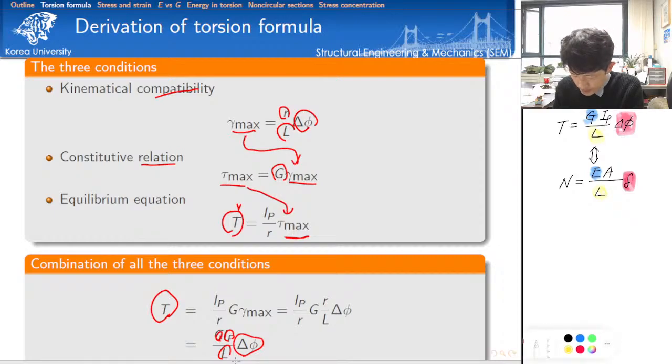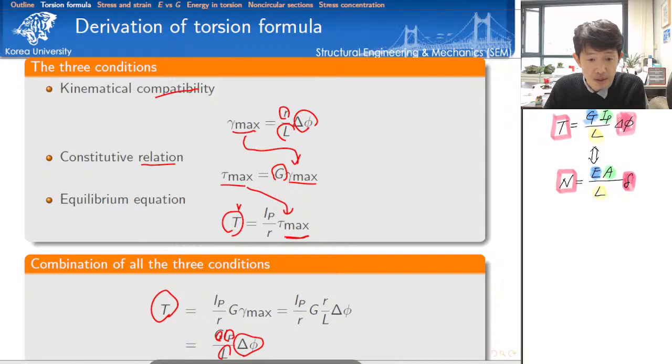And how about the sectional property? In the case of the axially loaded member, we use the cross-sectional area, and here we use the polar moment of inertia, isn't it right? And here we have an internal moment, the internal torsional moment. If you compare these two equations closely, we can find these two equations are very close to each other, right?